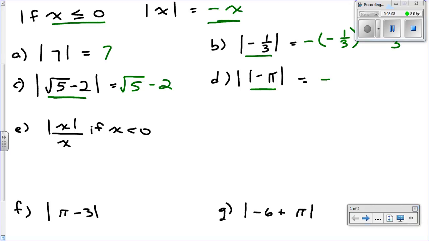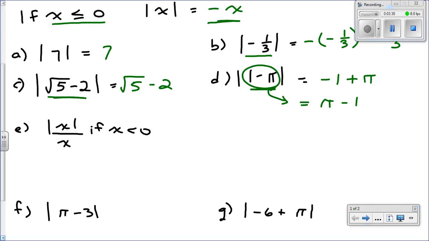That becomes negative 1 plus pi: the pi becomes positive, the 1 becomes negative. Often we don't like starting an expression with a negative, so we might reverse those and change that to pi minus 1. Because this value is less than 0, we change the signs when we take the absolute value off.